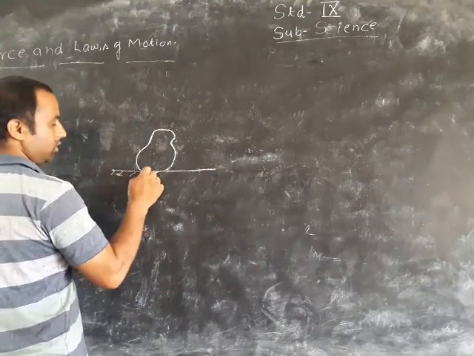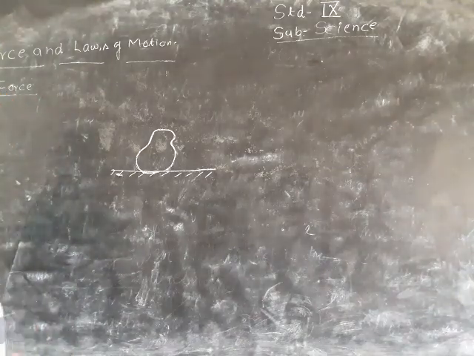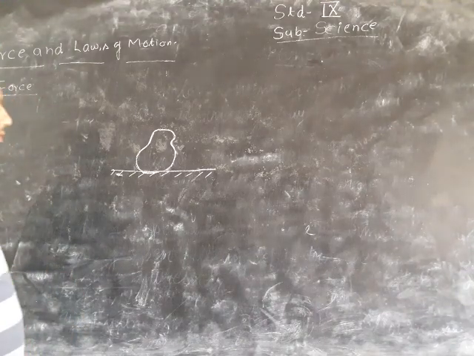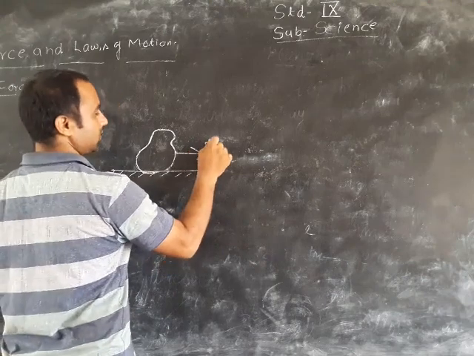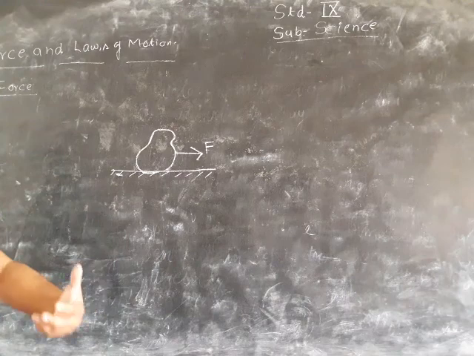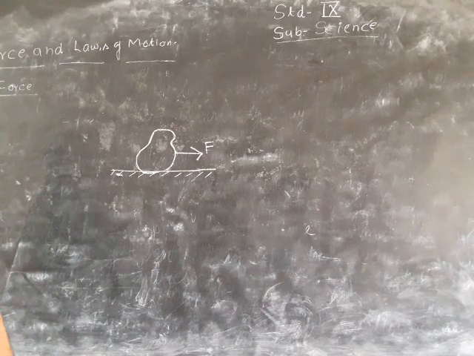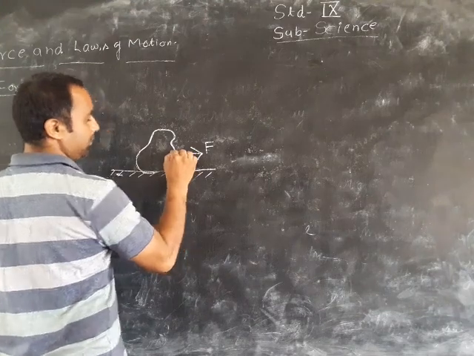Suppose this is the ground level and we are applying a force on it. Suppose this is a force. We are applying it on the object at a particular point where the force is applicable.